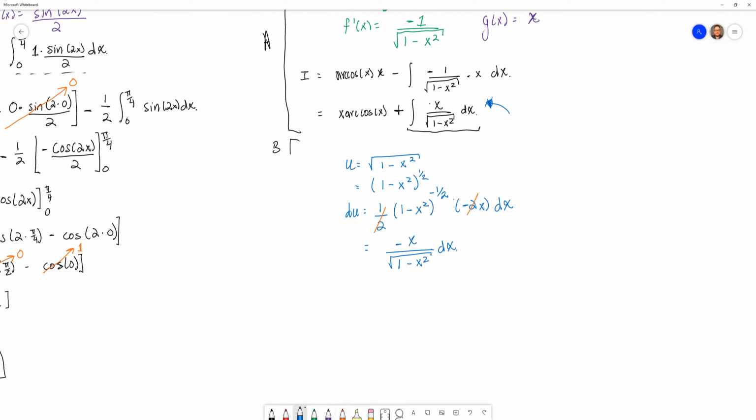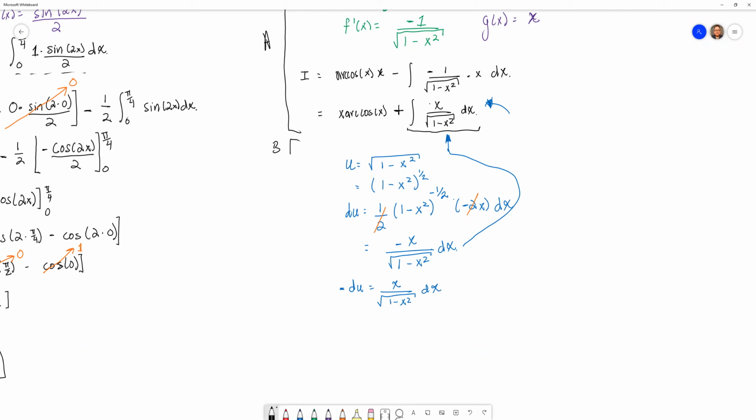And we say, hey, look, that's exactly what we need to solve. That's exactly contained here. So when we actually apply the substitution, we will want to do one final rearrangement. We have minus du is equal to x over the square root of 1 minus x squared dx.